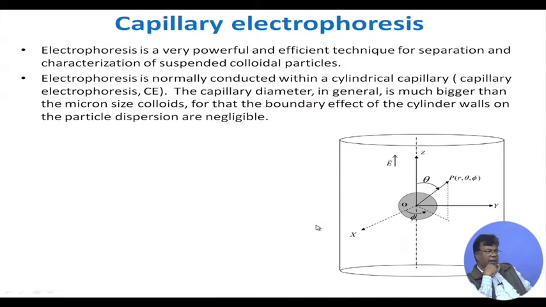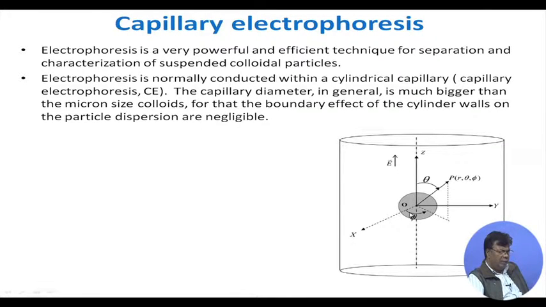Now, capillary electrophoresis is normally used for sorting and characterizing particles. Basically, it is done in a capillary tube filled with electrolyte or other mediums; later on we will talk about gel medium also. The particle is suspended in it and the electric field is applied across this capillary, and an electrophoretic velocity is developed.